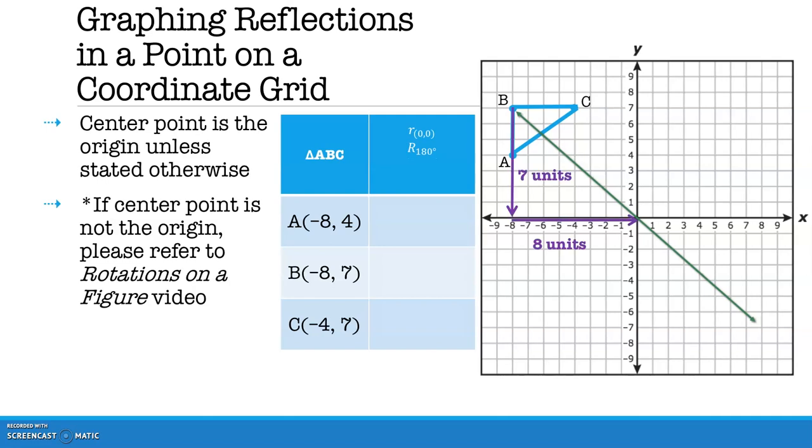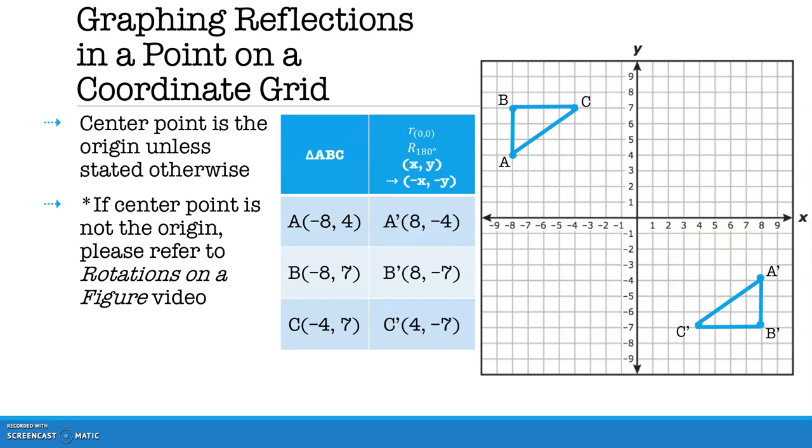So if we look specifically at coordinate B, B is 8 units to the left and 7 units up from our origin. So I'm going to then go 8 units to the right and 7 units down from the origin to make sure that B is going through the origin and staying in the same relative position. This will then give me that B prime is (8, -7).